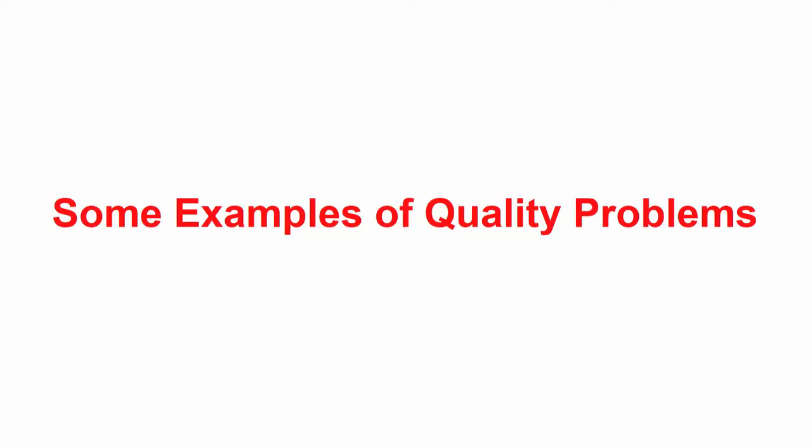So, today I will be giving you certain examples of quality problems. The whole topic for the last 2 sessions has been metallurgical investigation, how you do metallurgical investigation, so as to unravel the source of the quality problem.